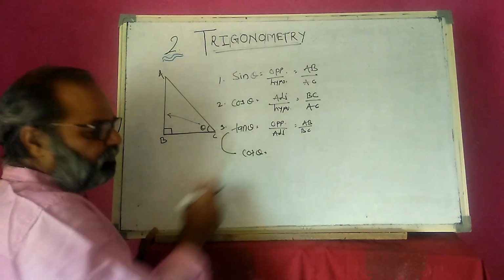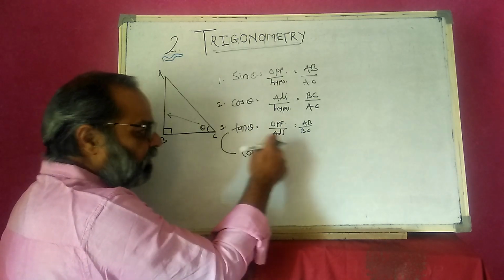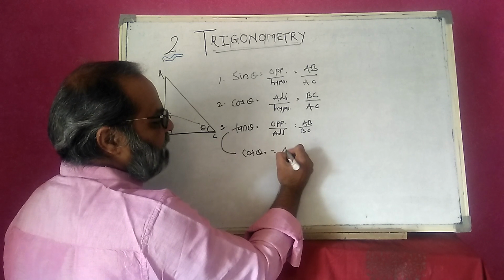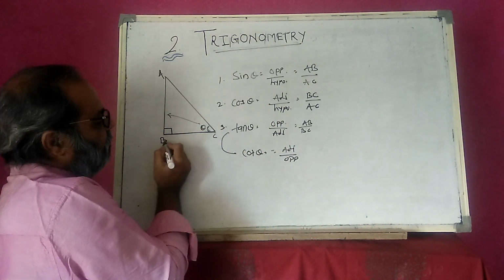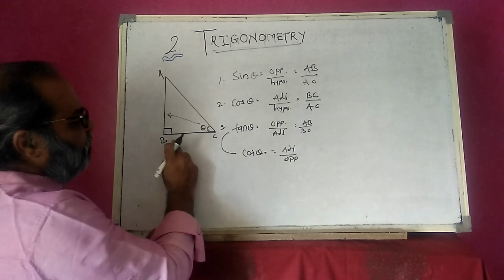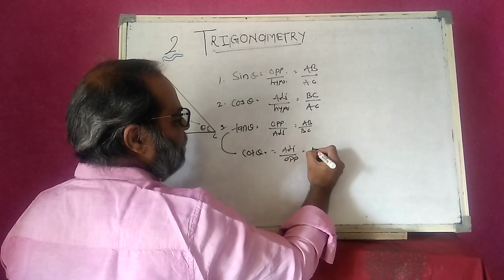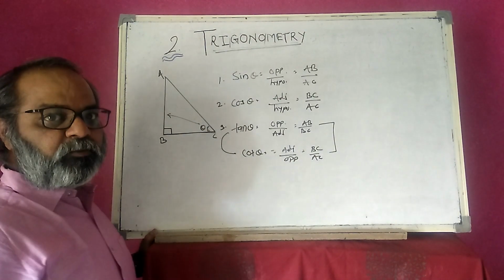The definition of tan theta is opposite upon adjacent, and its reciprocal is adjacent upon opposite. For cot theta, the adjacent side is BC and the opposite side is AB, so it is BC upon AB. So this is an inverse pair.